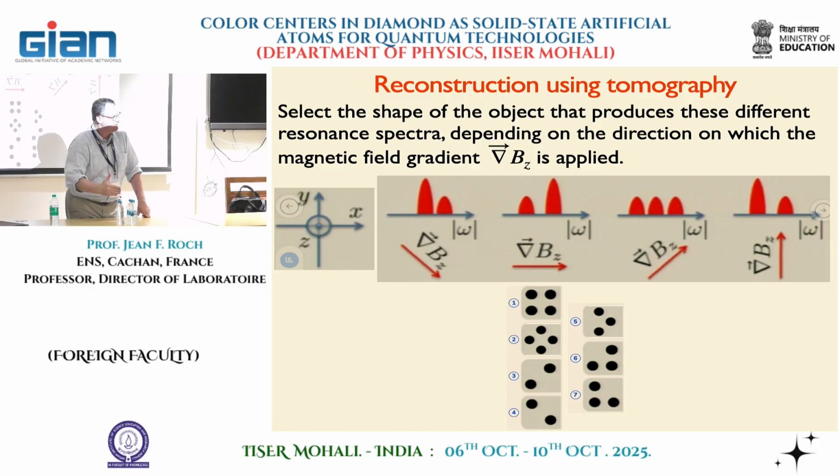That's if I apply the magnetic field like that. Suppose I apply it like that. They're the same. I will have 2 peaks and 1 peak. Now I can also apply it like that, and then there will be 1 peak like that, and this will project onto this direction. But that will be 1 peak and the higher 2 peaks.